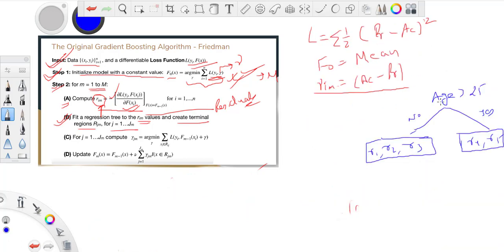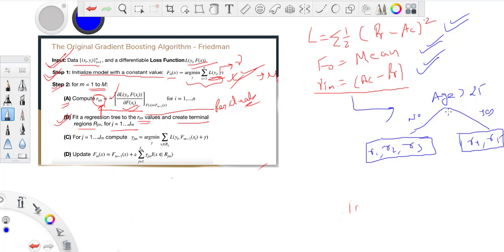So till now we have understood that this is the loss function we are using for our example. We initiated our model with the mean value of y's, and my residuals are actual minus predicted values. Next we fit a decision tree on these residuals. For example, I have split it on age.